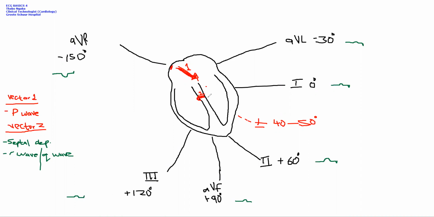And same thing, we take the overall direction of that wave of depolarization. And the overall direction is more this way. Now, also for the reason that your left ventricular muscle is thicker than your right, therefore the impulse moves more towards the left.